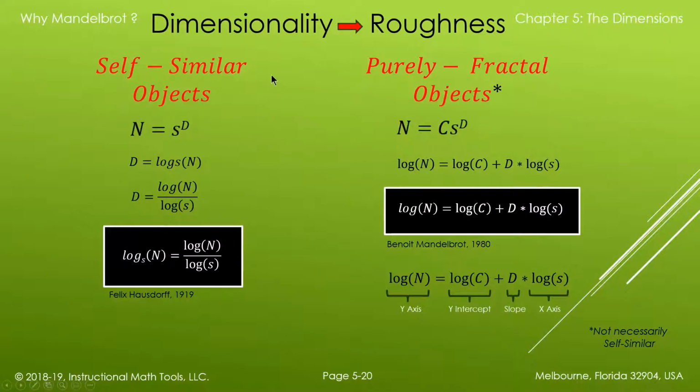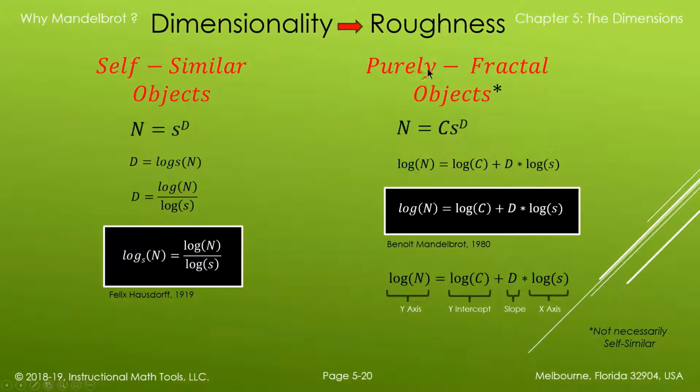When we dealt with self-similar objects, we went through this particular protocol using the Hausdorff equation from 1919.